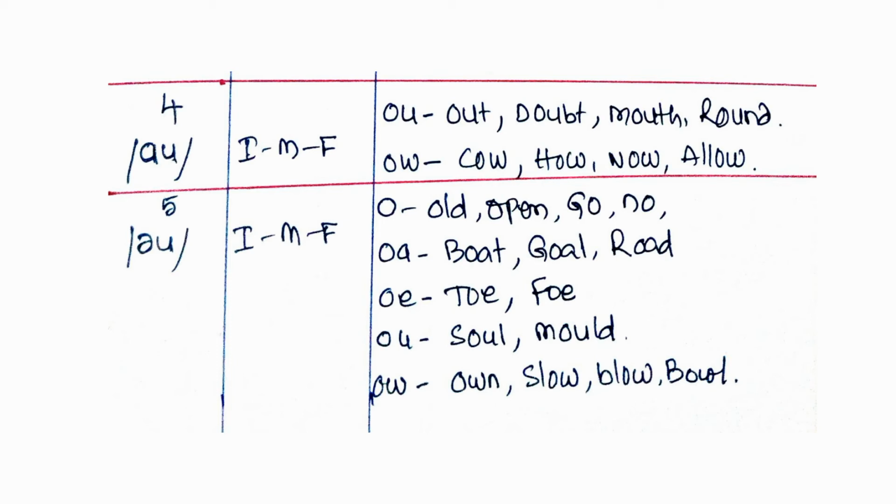Now, this is also represented with OE in words such as TOE, toe, FOE, foe. This is also represented with the letters OU. For example, SOUL, soul. People used to say this one as soul, Atma. MOULD, mold.